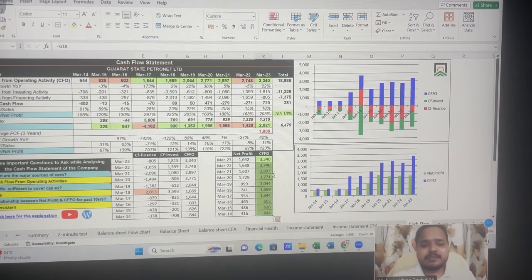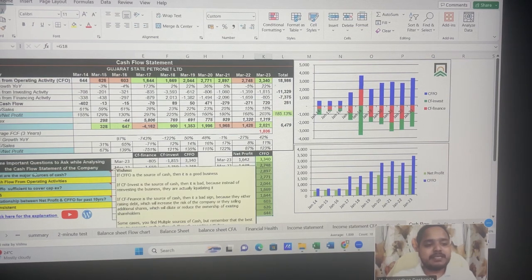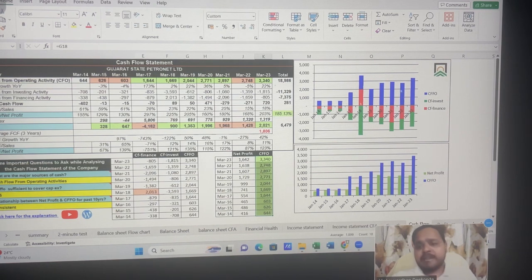And here you can see, so basically these are the three questions I ask whenever I am analyzing the cash flow statement. First thing is, what are the major sources of cash? That you will find here. Blue. What is blue? Cash flow from operations. I want operating cash flows to be the major source. Some companies generate cash by borrowing money, but that is a low quality cash flows, right?